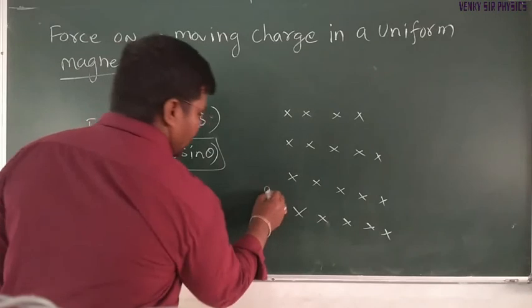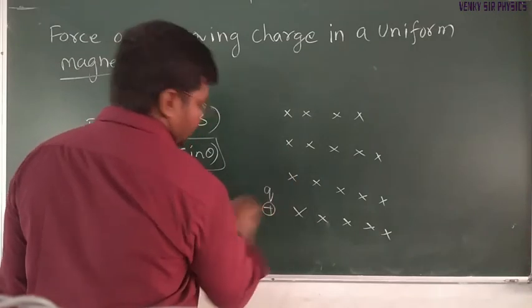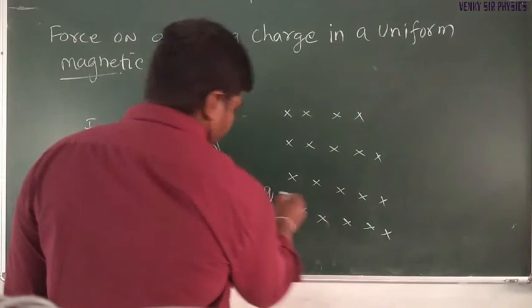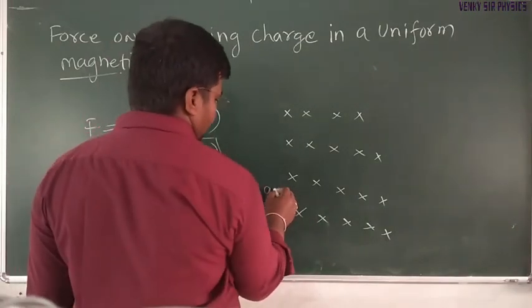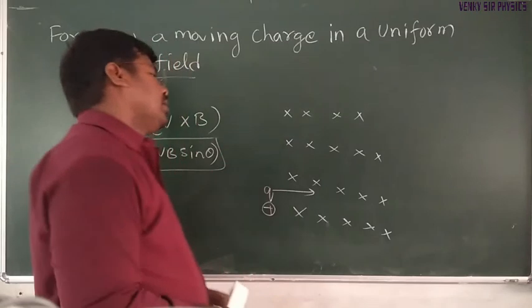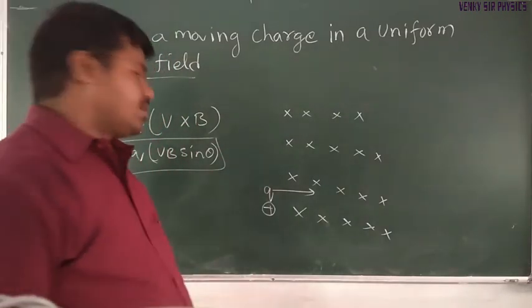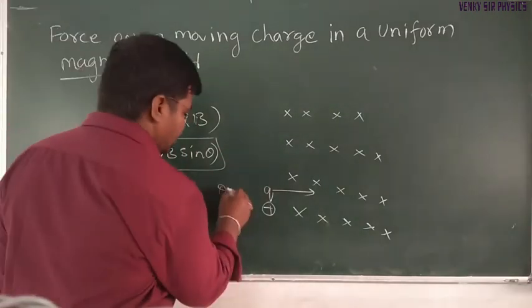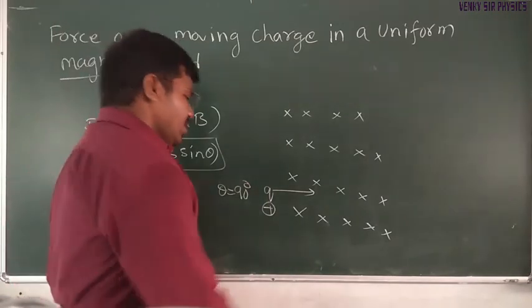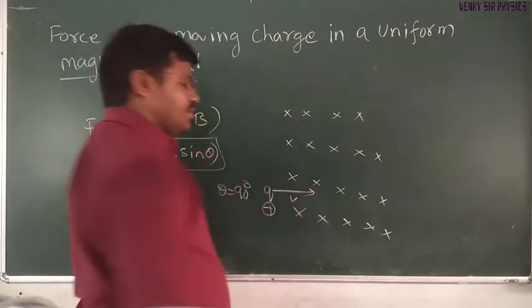Consider a charged particle, say it is positive or negative, whatever it may be. The charged particle moves perpendicular to the magnetic field, theta is equal to 90 degrees, with velocity v.